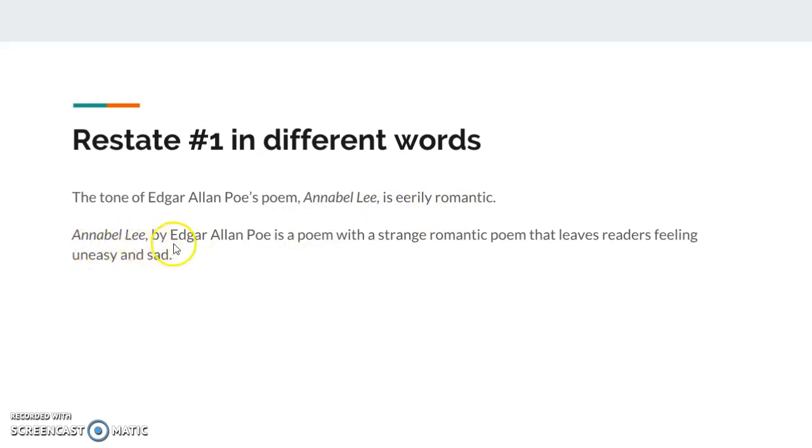Annabel Lee, by Edgar Allan Poe, ooh, that should have a comma, is a poem with a strange... oh wow, I really need to rewrite that. I'm going to say Annabel Lee by Edgar Allan Poe is a strange romantic poem that leaves readers feeling uneasy and sad.